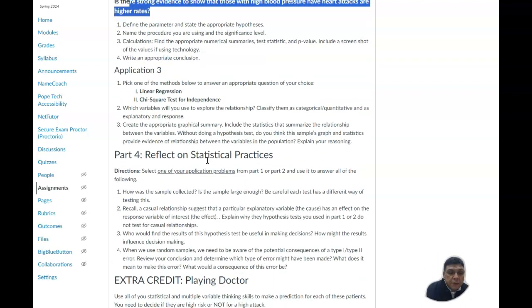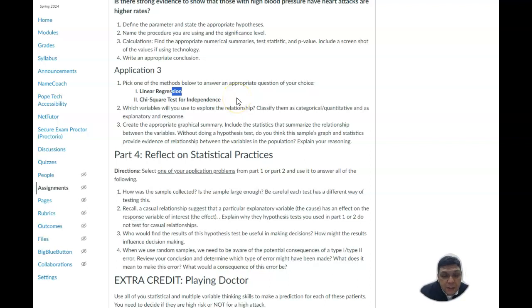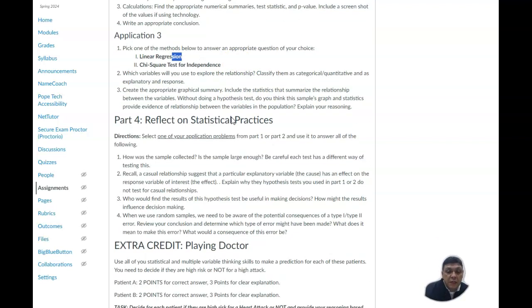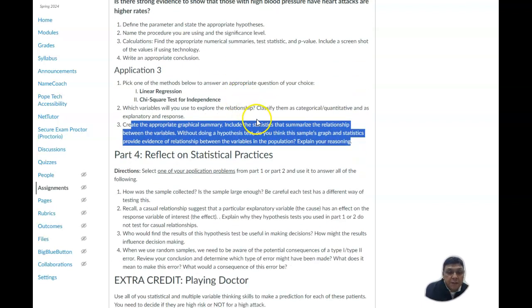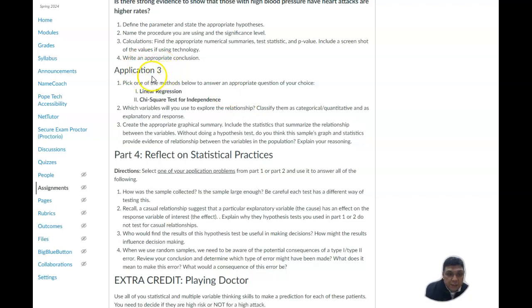And then application 3 is that you pick one of these methods, linear regression or chi-square test for independence, and then again, identify the variables here. You don't have to run the hypothesis test. I just want you to create the graphical summary. So you're not running the test here for application 3. You're just creating the graphs and any statistics you would need to come up with a conclusion.